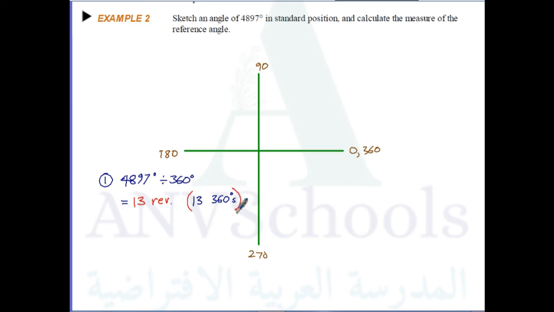So what are we going to do with the remainder? What is our remainder, by the way? Our remainder is 217 degrees, right? So we will begin by plotting the 217 degrees.